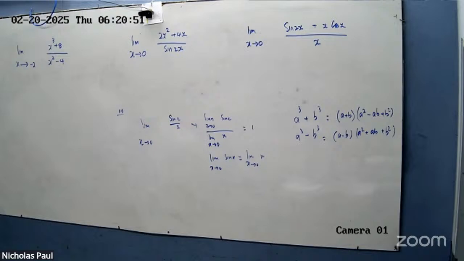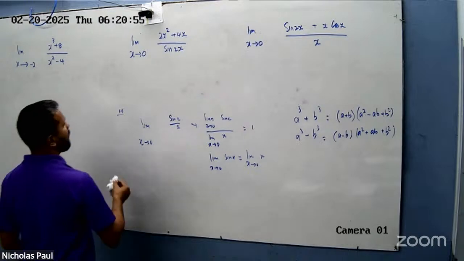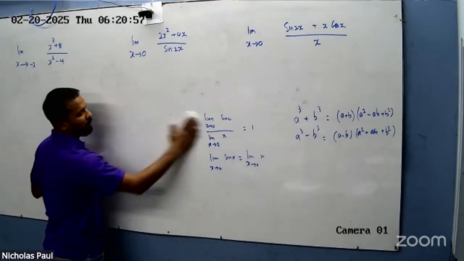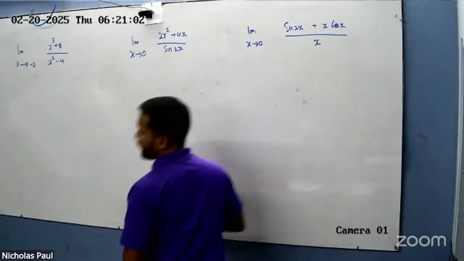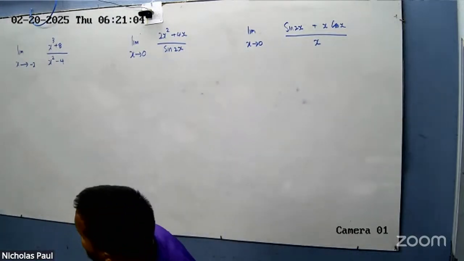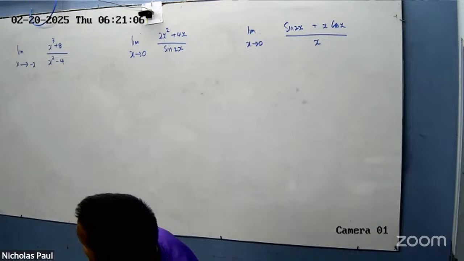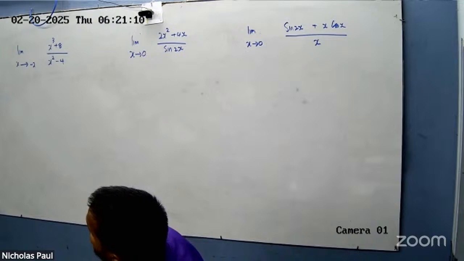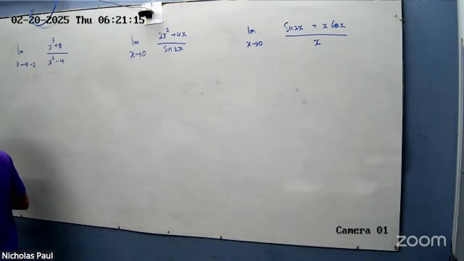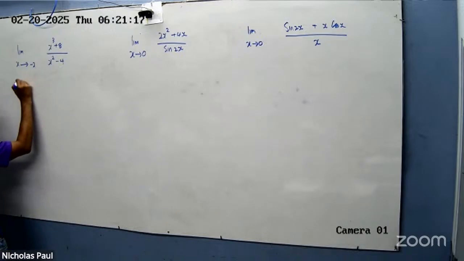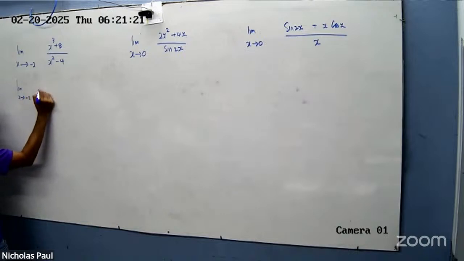I do number one. We get the limit as x approaches -2.